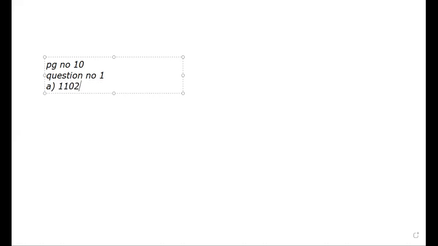The second value is 1201, and the third value is 1211, and the last one is 1101. So now we have to order them, starting with the smallest.